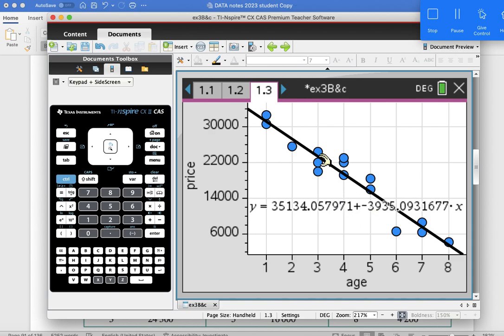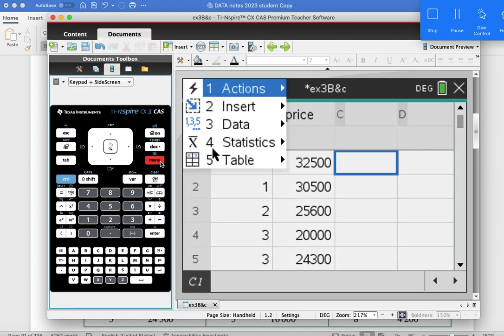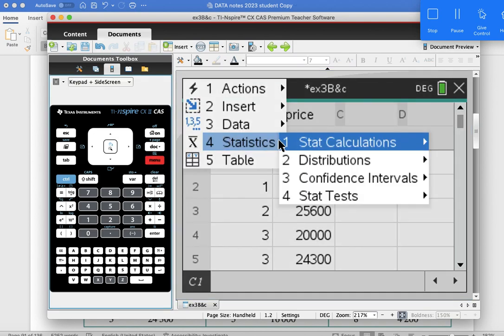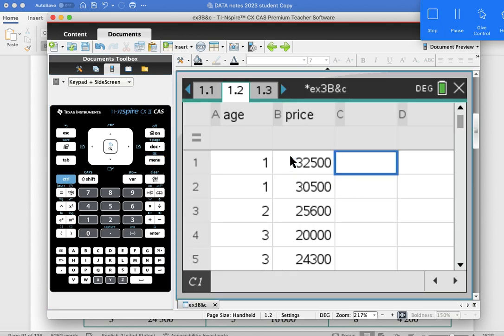So that's where I would like you to get it, and part of our regression analysis is to get the R and the R squared value. I would prefer you get your A and B value here. So we're back on our list spreadsheets, and we go menu, statistics, stat calc, and we go down to here, linear regression A plus BX.